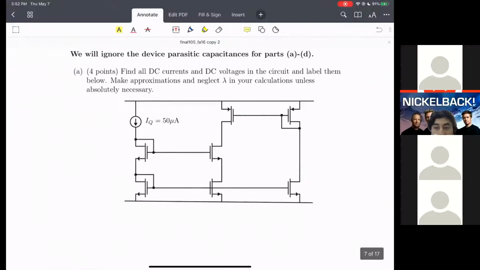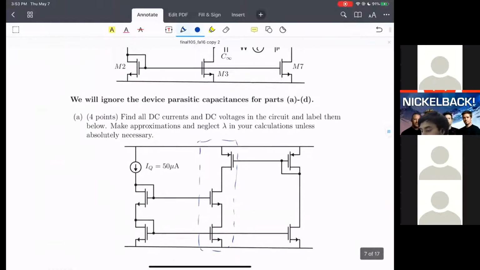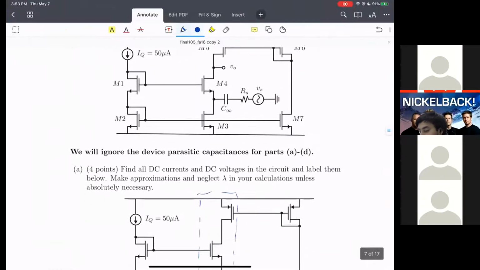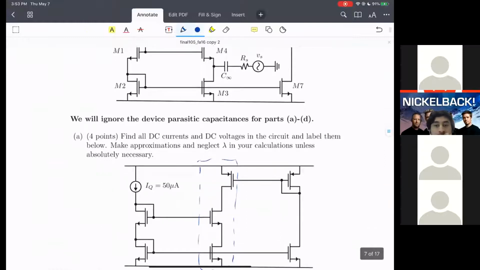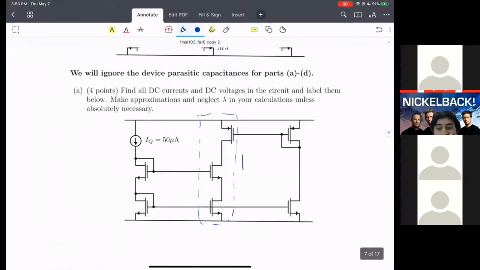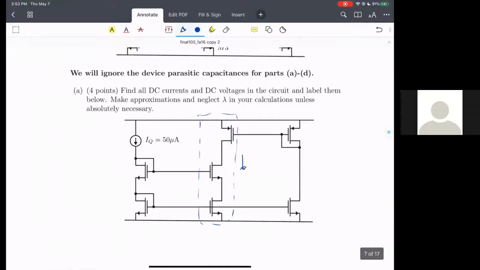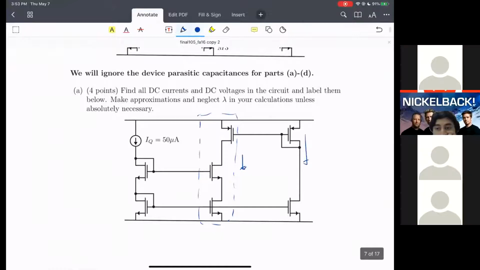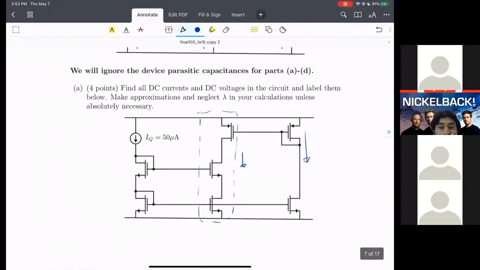So we first identify what the core circuit is, and that should help you figure out what all these other parts are doing. This is going to be the main circuit, and these are just current mirrors everywhere. We know that this is 10 times the size of this one, and this is 5 times the size of the original current reference.